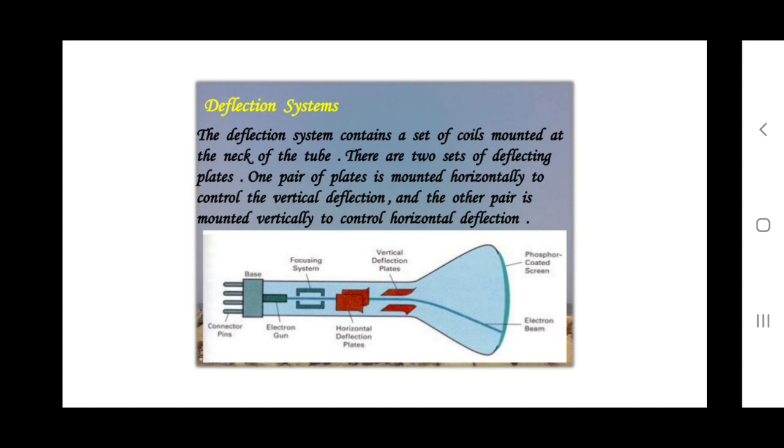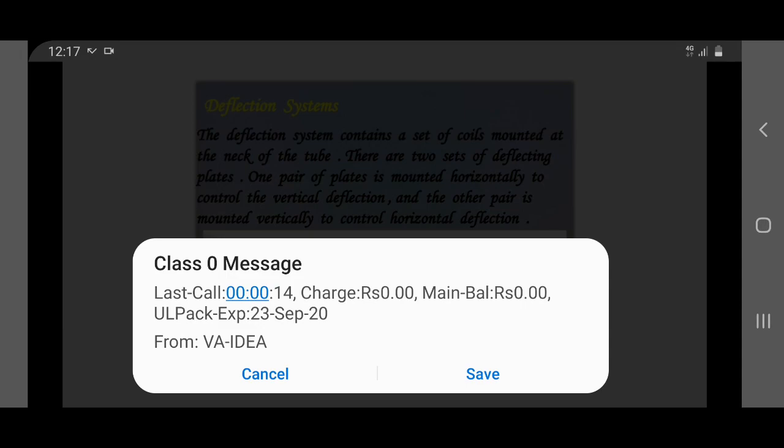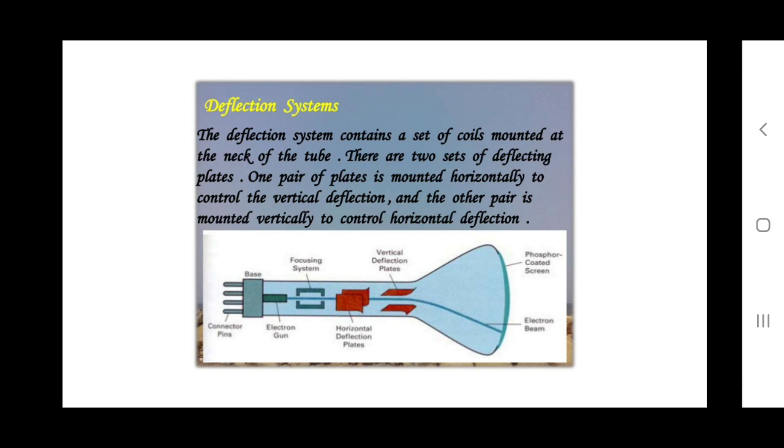Again I am showing you the 2D diagram of a cathode ray tube, where two deflection systems are present: one is the horizontal deflection system and the other is the vertical deflection system. Horizontal plates are used to control the horizontal deflection and vertical plates are used to control the vertical deflection.